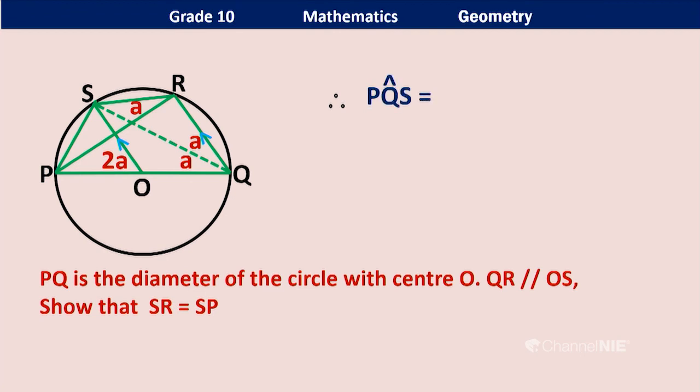Therefore, angle PQS is equal to angle SQR, that is equal to simple A.